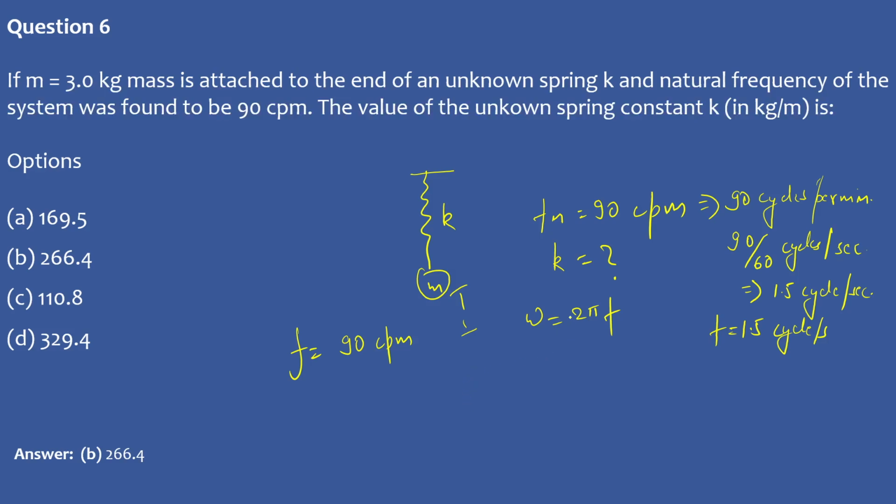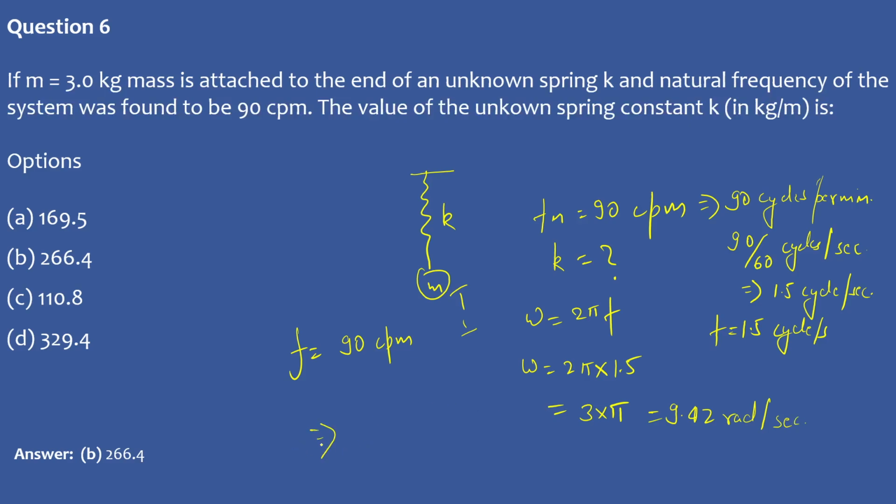First we need to evaluate the frequency, then we need to calculate omega. For omega it's basically 2 pi times f, which is 1.5, so omega is 3 into pi. That is 3 into 3.14, which is 9.42 radian per second, the angular frequency.